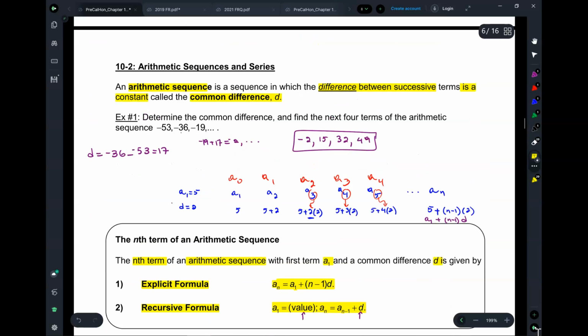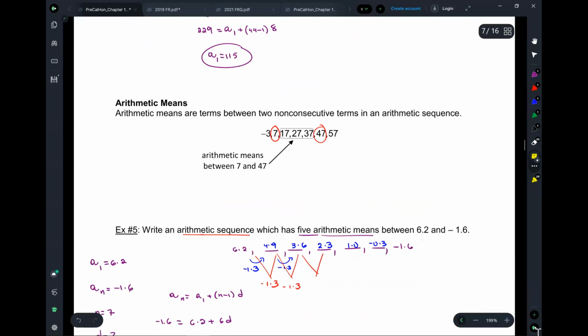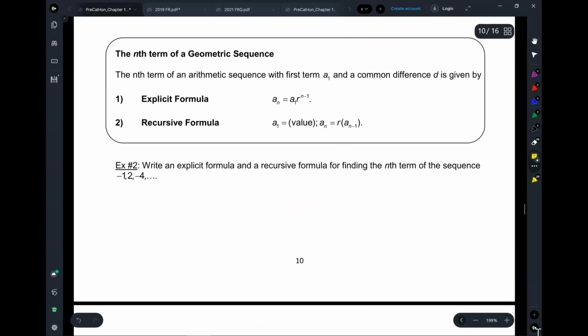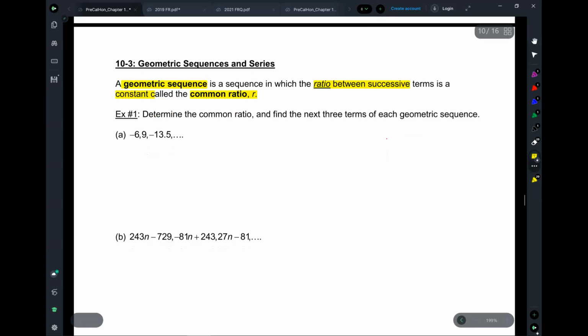For arithmetic sequences, we looked at the difference between successive terms. Here, we're going to look at the ratio between successive terms. If it's a geometric sequence, then the ratio between successive terms is a constant called not the common difference, but the common ratio, R.